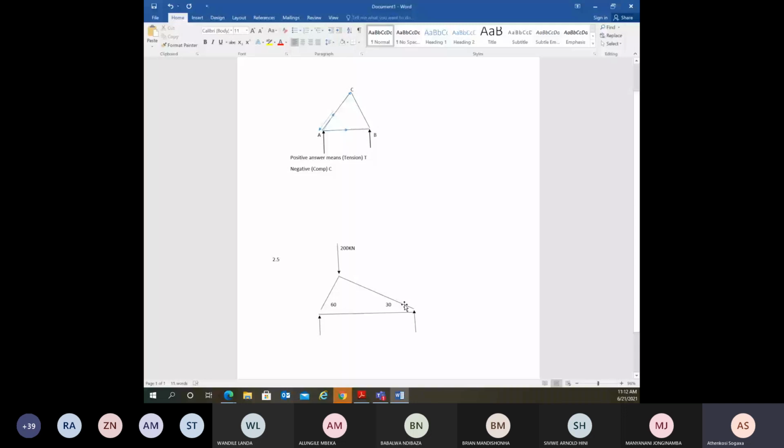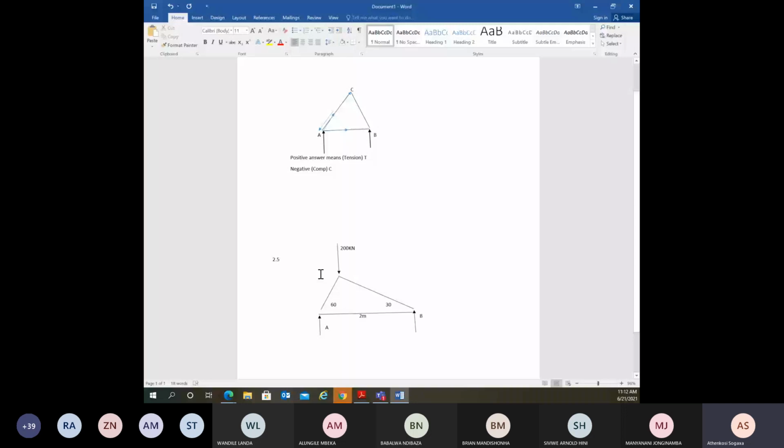We can name this reaction A, and this reaction B. From point A to B is 2 meters, and from the 200 kilonewton load to A it's 0.5 meters.